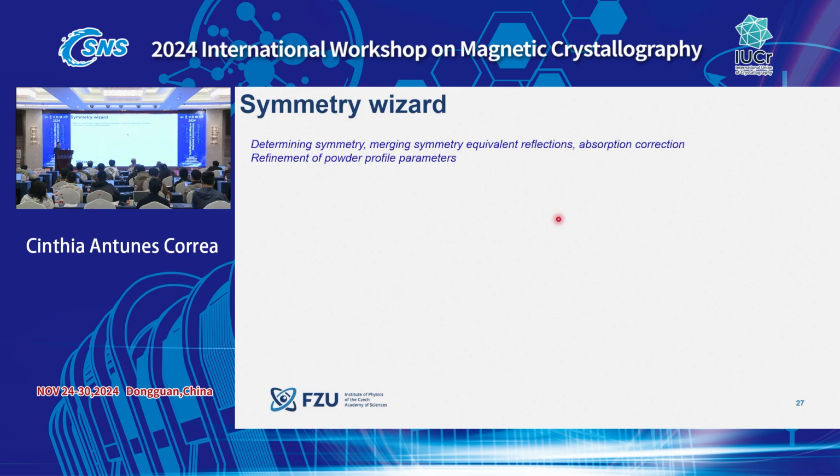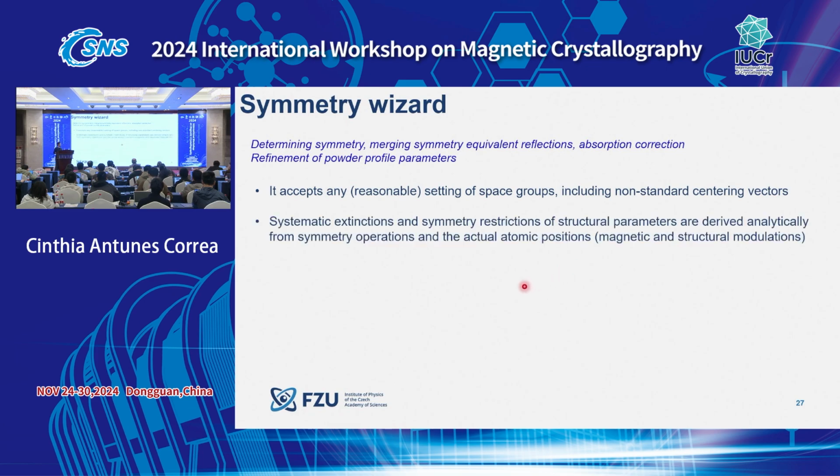Then, we now have the data, and we go through the symmetry determination. JANA accepts for the symmetry any reasonable setting of space group, including non-standard ones, centering ones. It runs the systematic extinctions and the symmetry restrictions analytically, based on the symmetry operations and on the actual atomic positions of your structure.